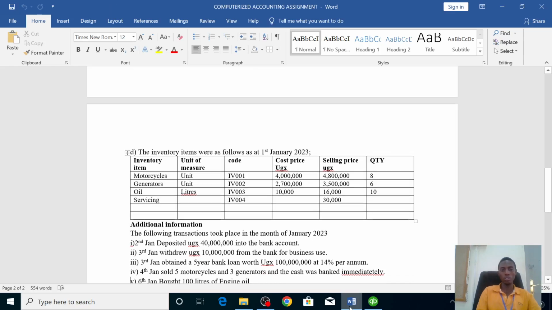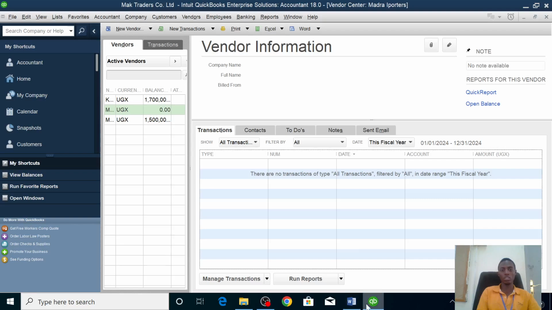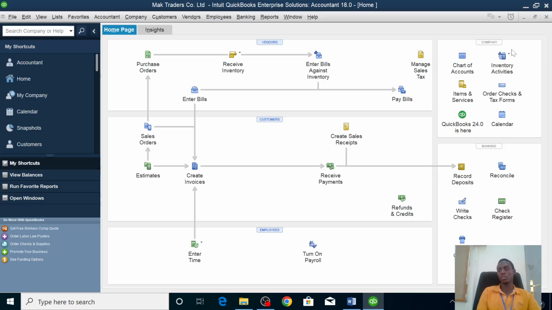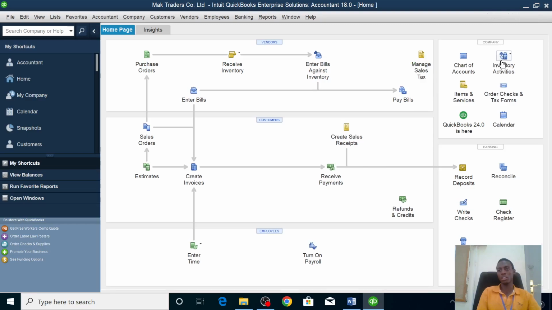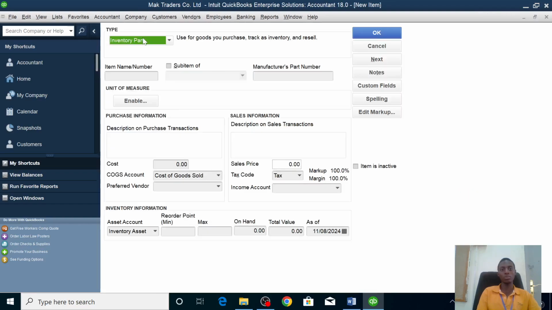Next, I'm on inventories. I have motorcycles, generators, oil. For inventories, I come to home, select my inventory, activities, then I can add my new inventories. Here, new inventory item falls under inventory part. It's a motorcycle.